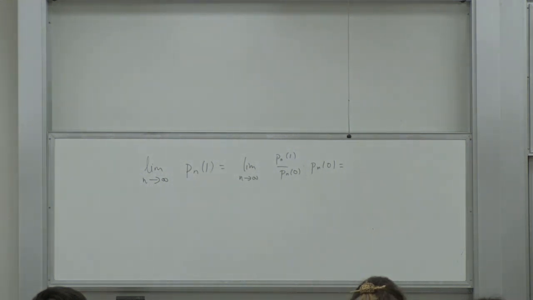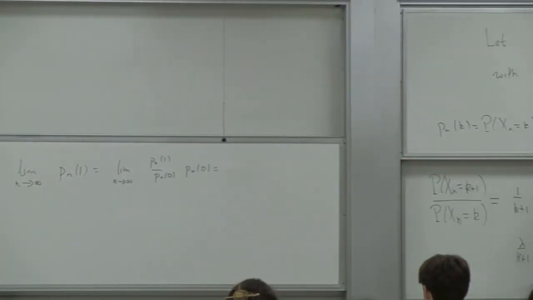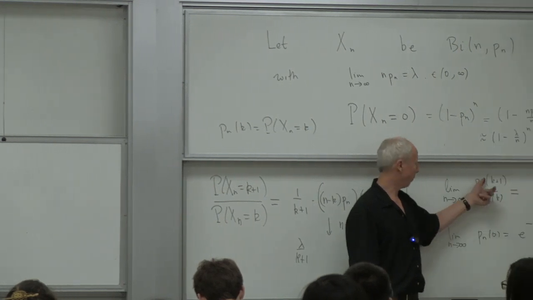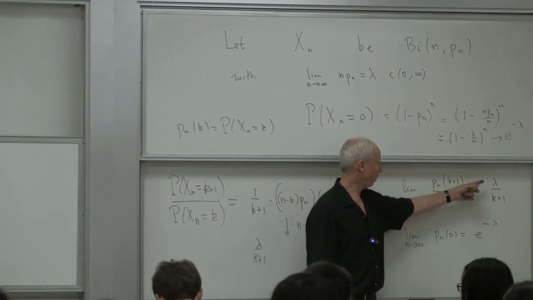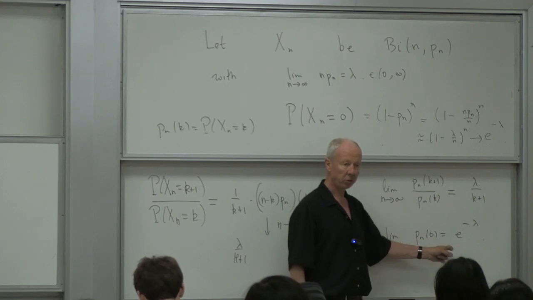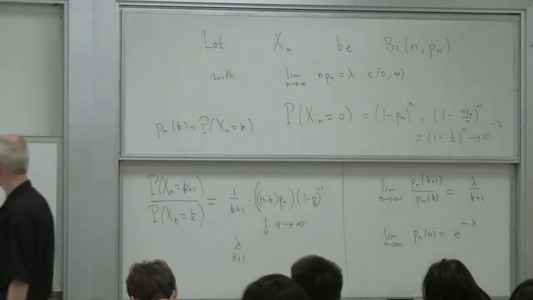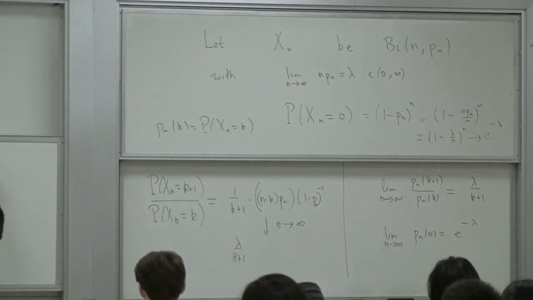That's what you get when you put k equals 0 here. That goes to lambda over 1, or lambda, right? When you have 0 and 1 here, you get lambda. And pn of 0 goes to e to the minus lambda. So this goes to lambda e to the minus lambda.